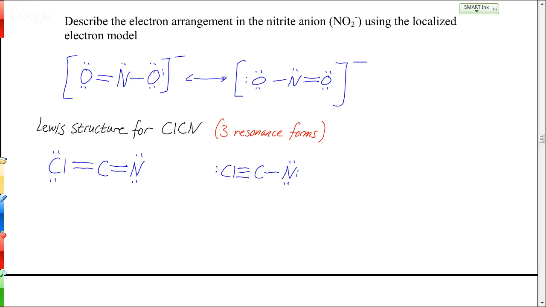Yeah. Because the Cl would violate the octet if we did that, right? Okay. Anybody get another one? Same thing on the other side. Like that? Yeah. So there's the three structures.